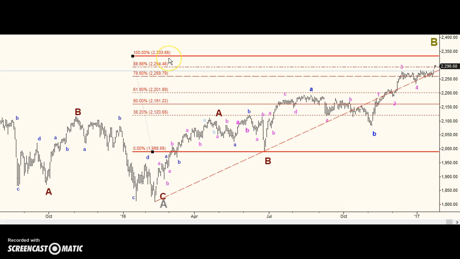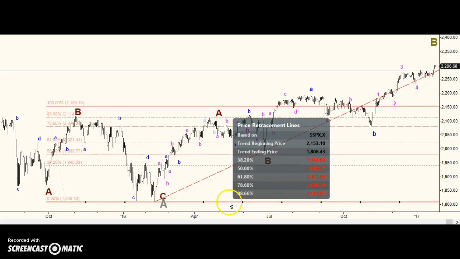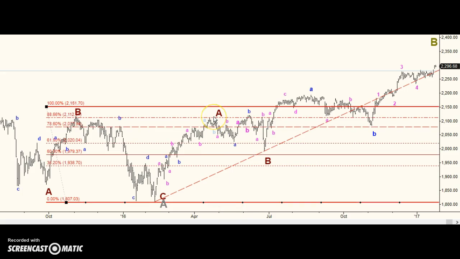Let's say that's the high. If that's the high, you'd like wave brown C to have a relationship to brown A and preferably to the prior brown C. So here's your 88.66 Fibonacci number, and since these are equal to each other, you get that Fibonacci relationship.